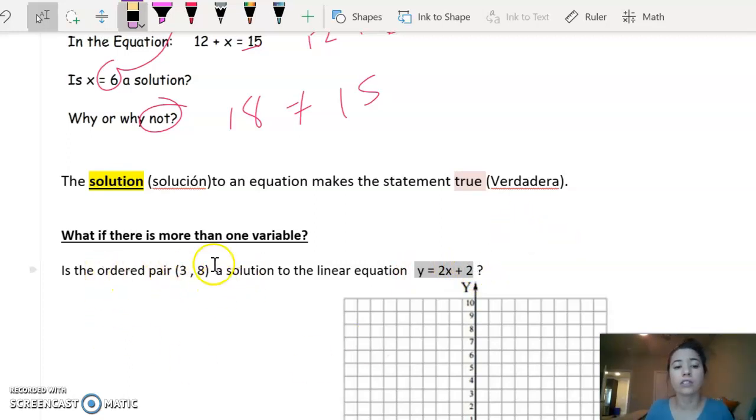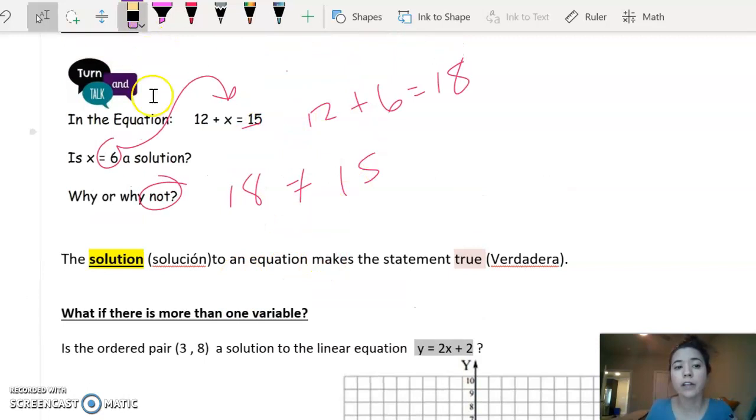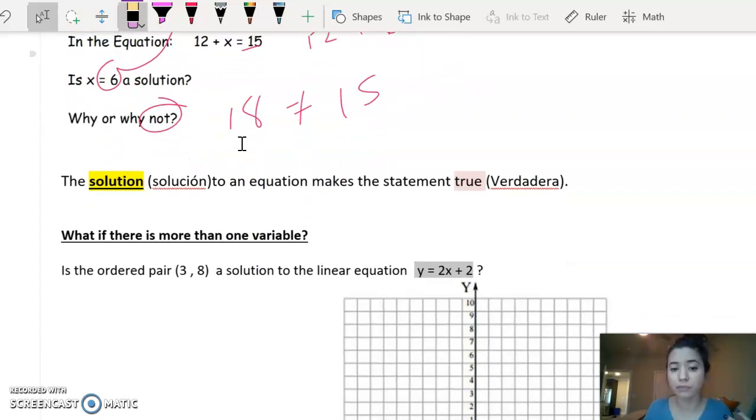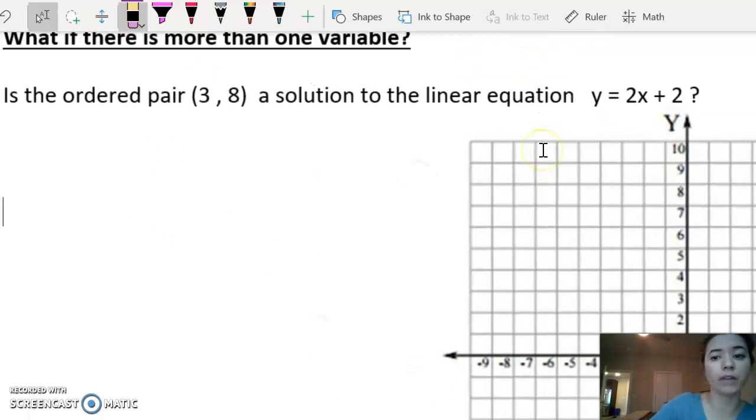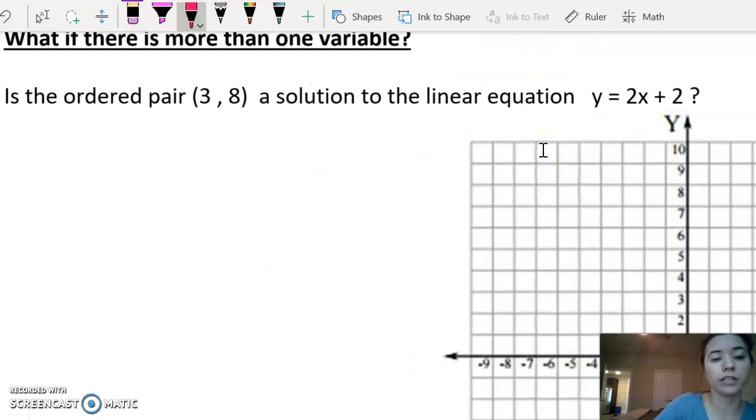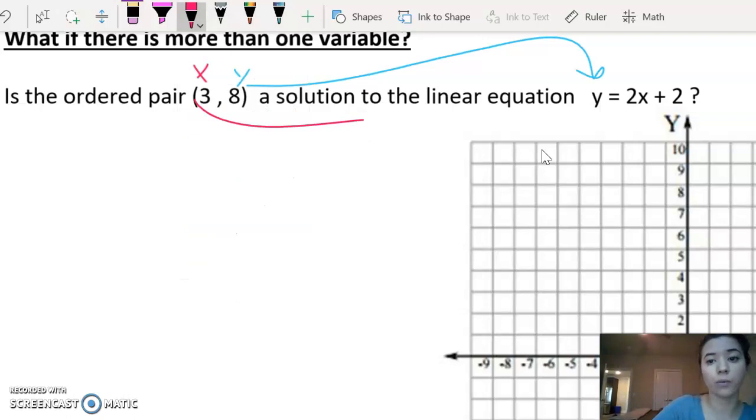Similarly to how we plugged the 6 in for x above, we're going to take this ordered pair and plug it into our equation. Is (3, 8) a solution? This is my x value, this is my y value. I'm going to plug the y in where y goes, so 8 goes here, and the x in where x goes, right next to that 2.